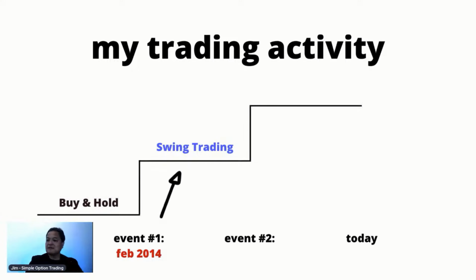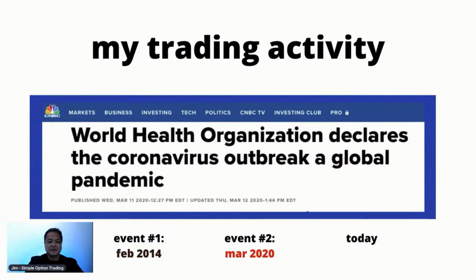Now, what happened after that was event number 2. In March of 2020, we had something called the global pandemic, and this was a huge event, not only for myself and the United States and North America, but the entire world. Nobody could avoid what happened, and as a result, we saw a lot of companies and industries get hit by this.